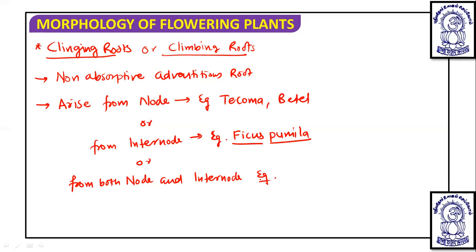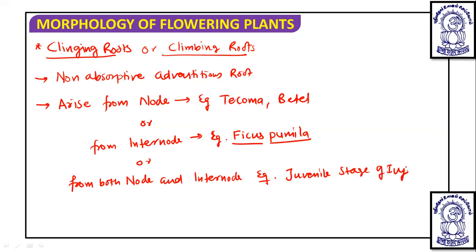The example is the juvenile stage of ivy. In such a way, this clinging root or climbing root develops.